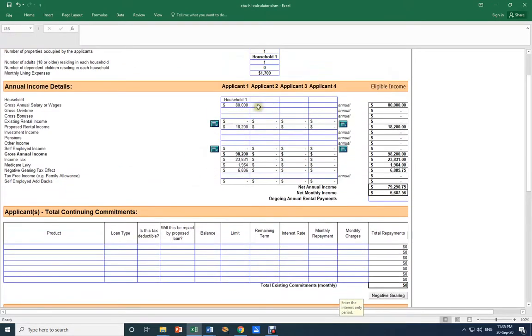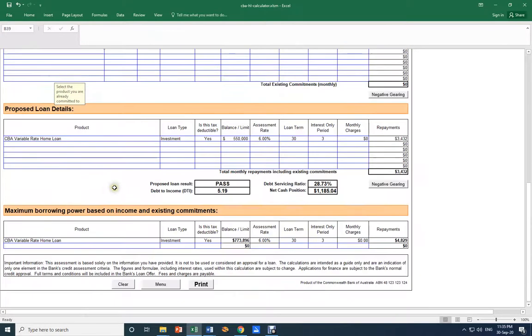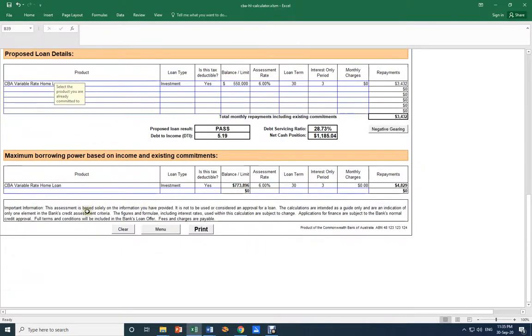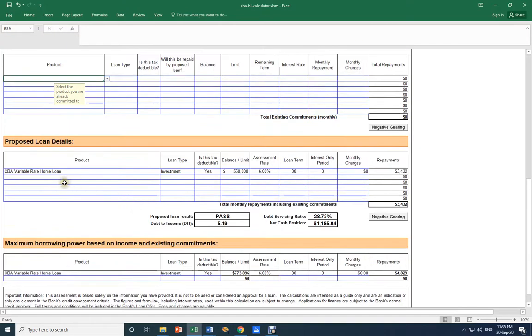Okay, so now we've got $80,000 income. We haven't got the rental income. We might need to put that in here actually. We need to put her rental expense somewhere. We haven't done that yet. That's why the figure is so high.